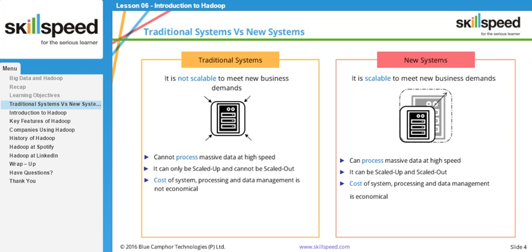Whereas if you compare this with the new systems, the new systems basically work on the distributed computing principle. Here, rather than depending on a single machine for doing all the job, we can have machines which are less powerful, but the number of machines can be more.